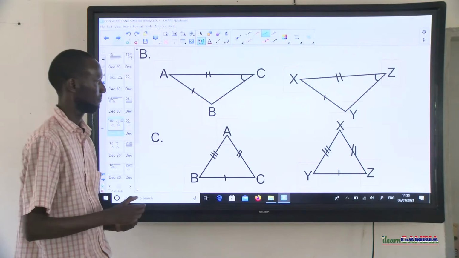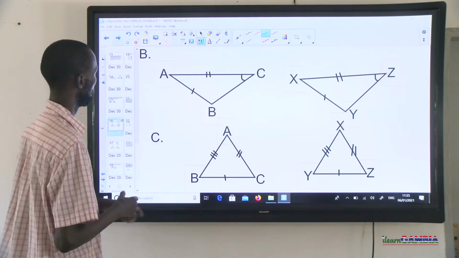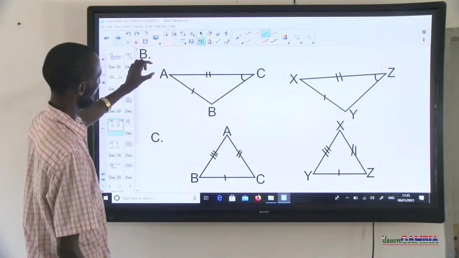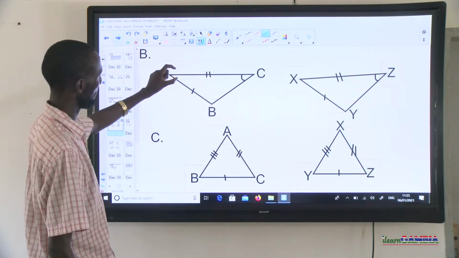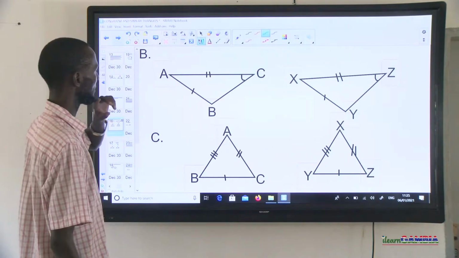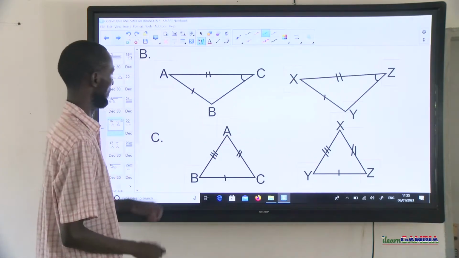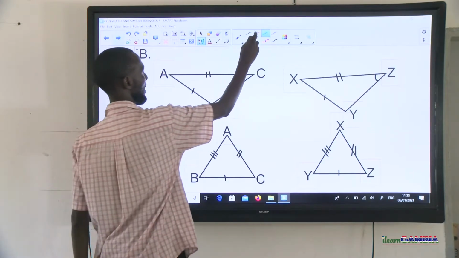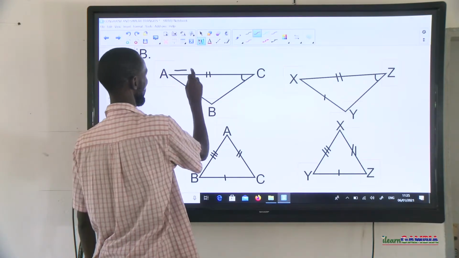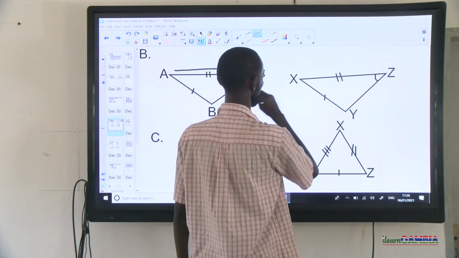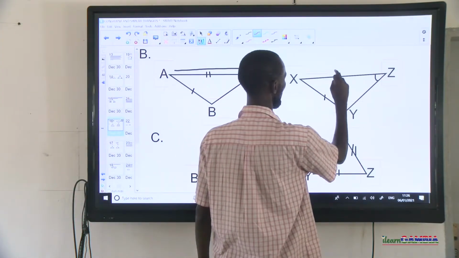Now let's look at more of them. We have B and C here. Let's look at it. For B, we have two triangles again, triangle ABC and triangle XYZ. We know from the diagram here that length AC of triangle ABC is equal to length XZ of triangle XYZ.